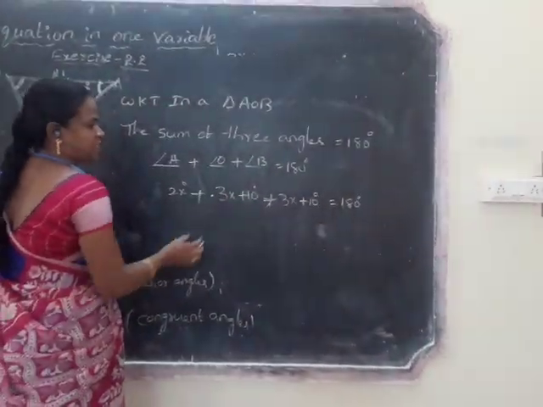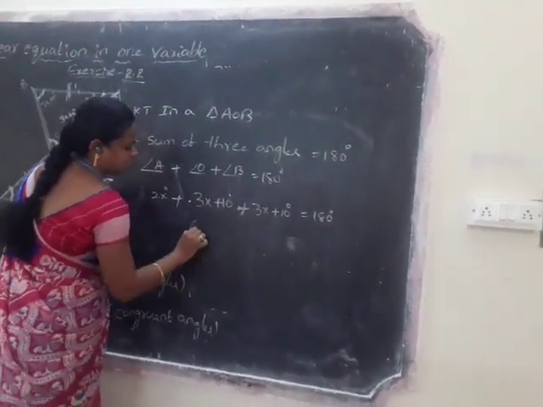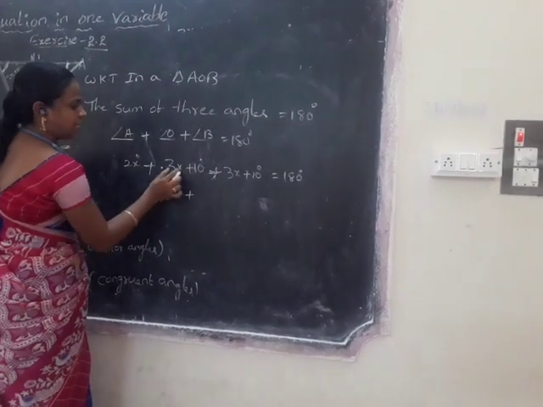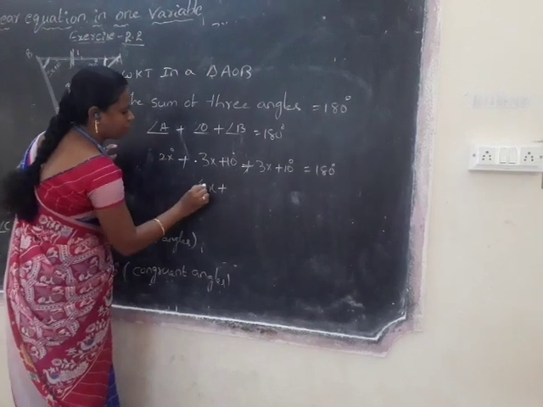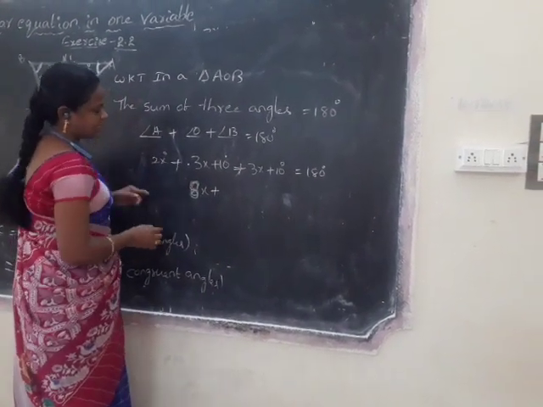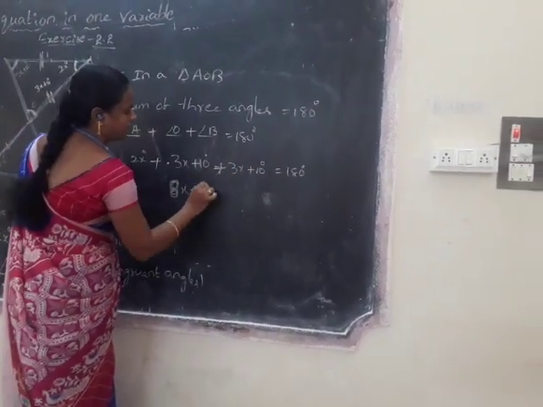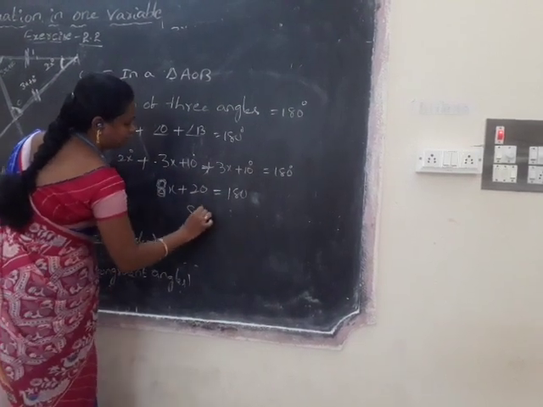First we add variables. 3x plus 3x is 6x, and adding 2x, we get 8x. Now the constants 10 and 10, we add 10 and 10, we get 20, equal to 180.